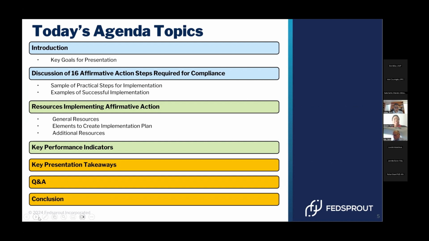And with that, we're going to talk a little bit about some resources that can help you get started. And then from there, we'll cover some key performance indicators that show you that you're on the right path and the right start to implement affirmative action. With that, we'll wrap up the presentation with some key takeaways that we hope you get from the presentation. And of course, at the end, we're going to open it up for questions and answers.